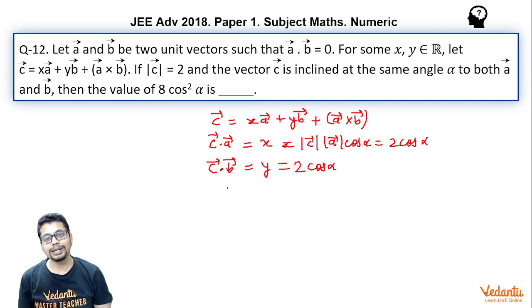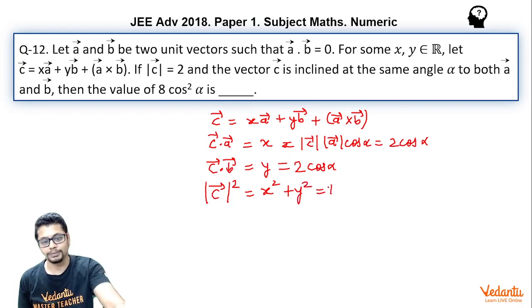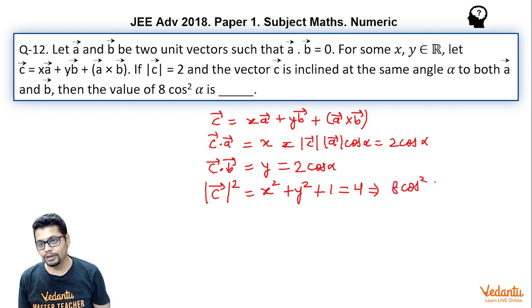So using that concept, I may say that magnitude of C vector square is essentially sum of squares of the coefficients of A vector, B vector and A vector cross B vector, which is x square plus y square plus 1, which is supposed to be 4 as per given information that magnitude of C vector is 2. So from this, when you put x to be 2 cos alpha and y to be 2 cos alpha, you get 8 cos square alpha equal to 3, which is exactly what we want.